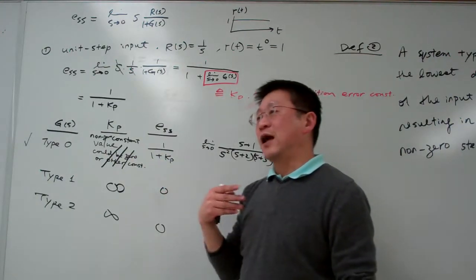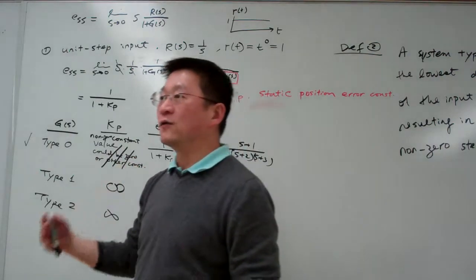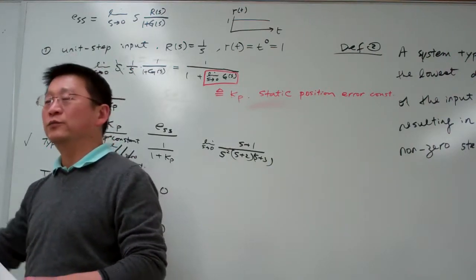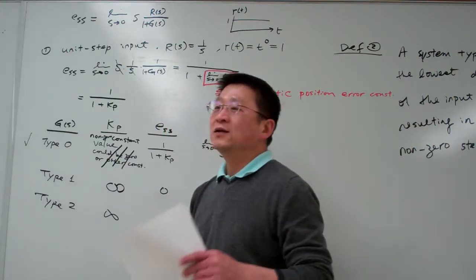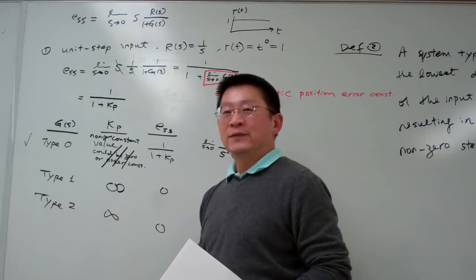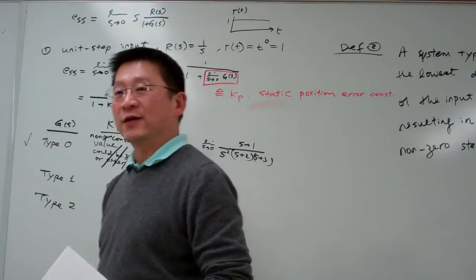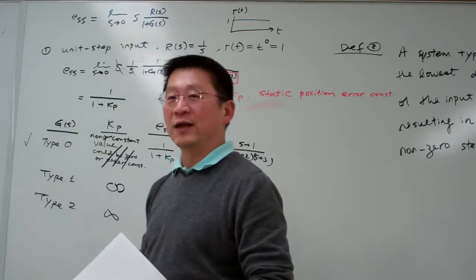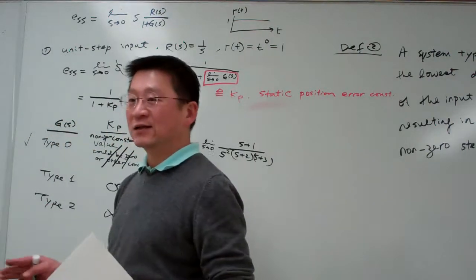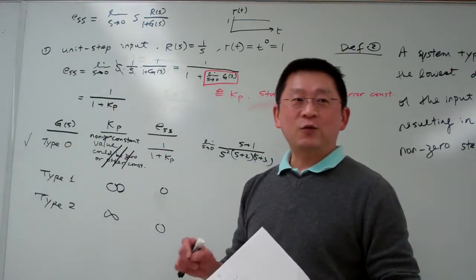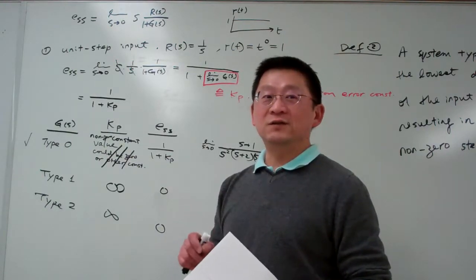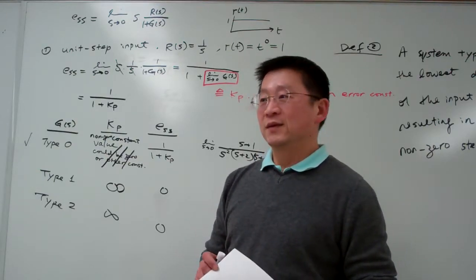A type 0 system tries to follow a very slow command and still falls behind or persists, not closely following. It's like a type 0 system trying to keep pace with an elephant, but that system cannot, still falling one step behind or ahead, but cannot exactly keep pace. That is what the type 0 system is. So from here, can you say the type 0 system is very sluggish, very slow? Can you get a feeling?